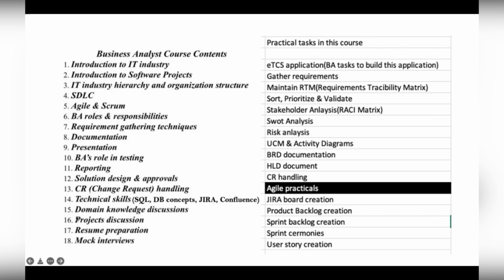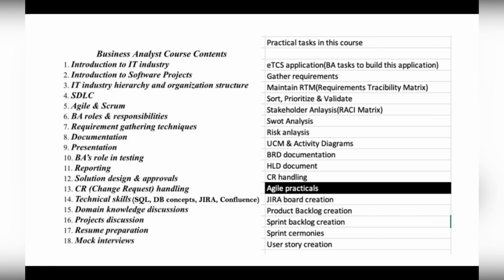The 15th chapter is domain knowledge discussions. If Pawan is good at client acquisitions and all, that is one of the domain knowledge. Similarly, Priyanka has some good knowledge in HR related activities.